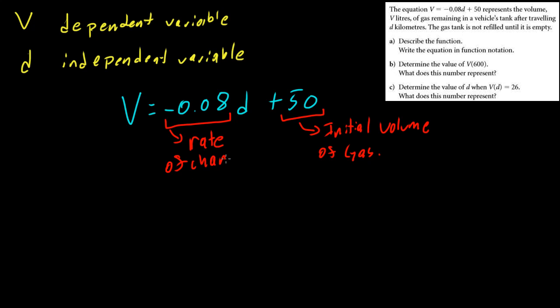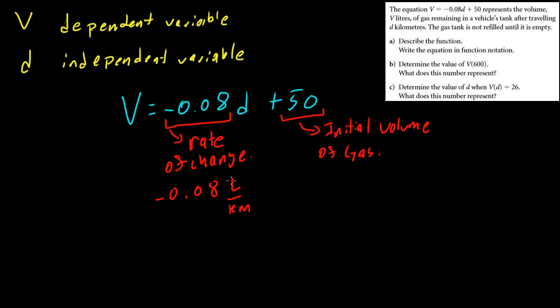This is a rate of change, and this rate of change links our two variables together. It links something from our first set, distance, to our second set, volume. Basically what it's saying is that you're decreasing, or using up, 0.08 liters of fuel every kilometer.